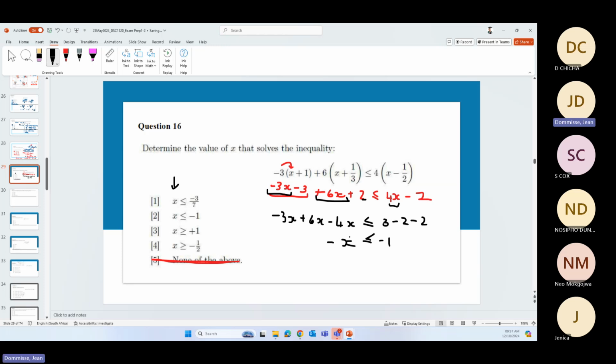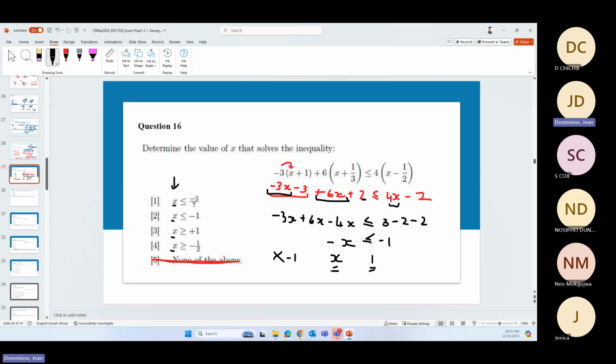Okay, so now you will see my x is negative. So now I need to multiply by minus 1. Then that will become positive, and that will become positive. So your x will become positive, and your 1 will become positive.